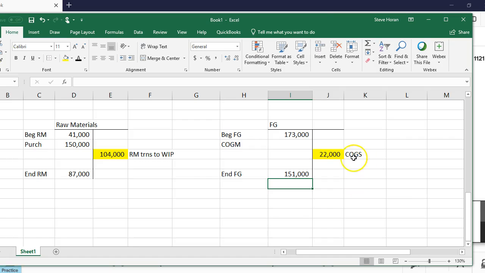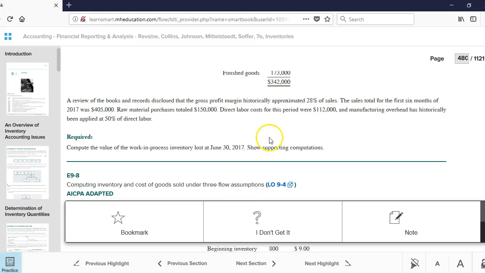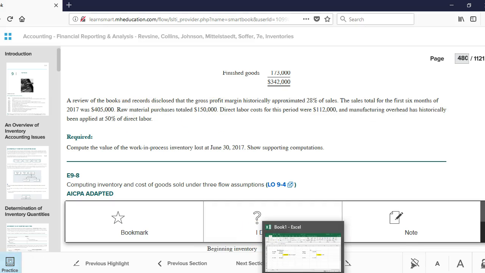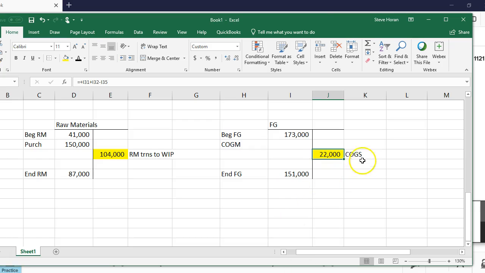And what they did is they gave us the cost of goods sold amount. Well, they didn't give it to us per se, but we can figure it out because they gave us the sales number and the markup. That's what we need to know to figure out cost of goods sold. So remember that the gross profit margin is 28% and sales were 405. If gross profit is 28%, that means the cost of goods sold is 0.72.